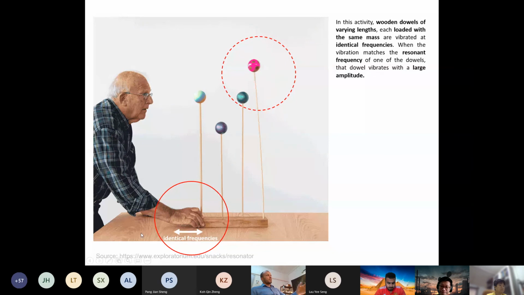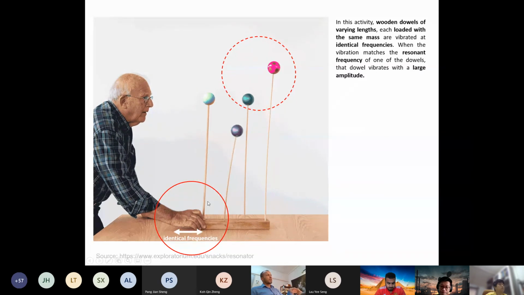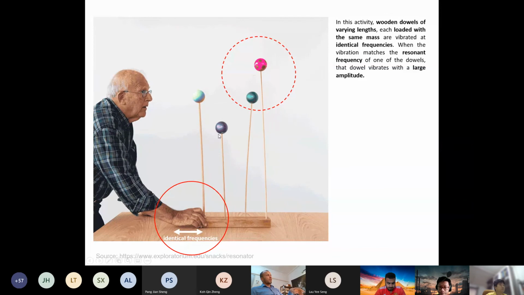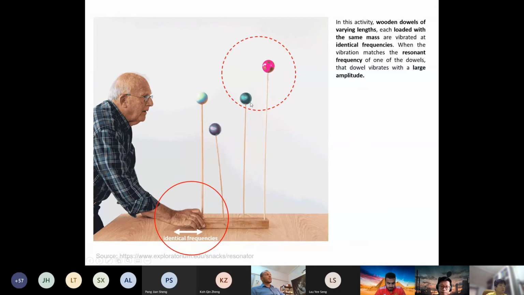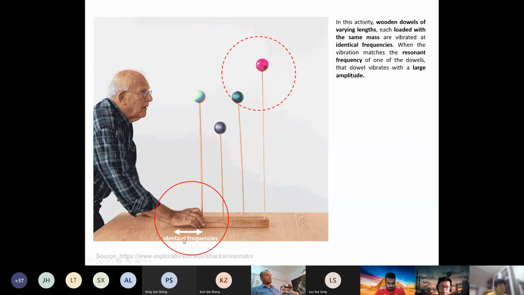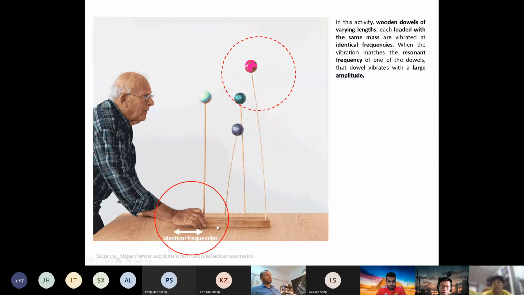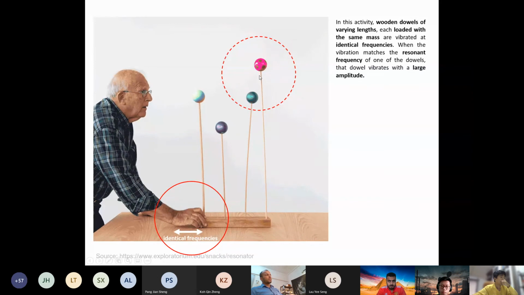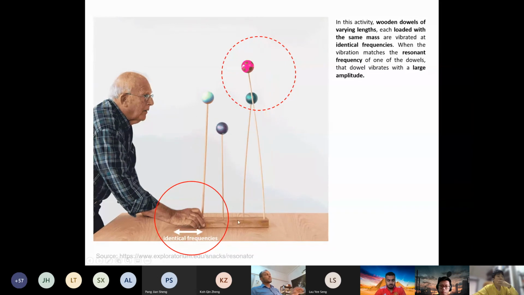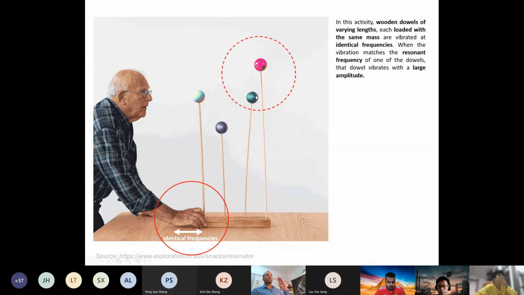For example, this one is not related to sound, but if you do this experiment, you take a stick of wood and connect other sticks of wood with different heights, and you connect balls here. When you start vibrating this piece of wood with a certain frequency, you will notice that when you increase or decrease the frequency, sometimes some balls start vibrating too much.